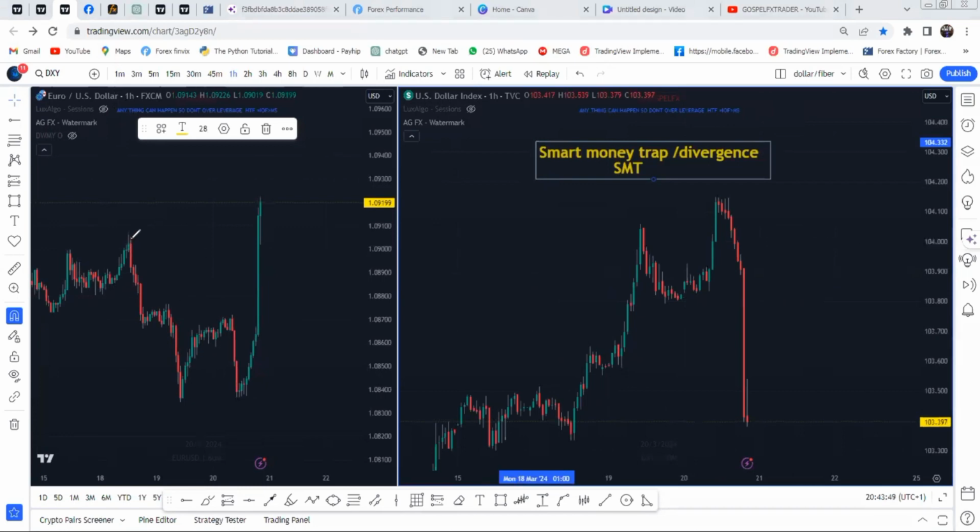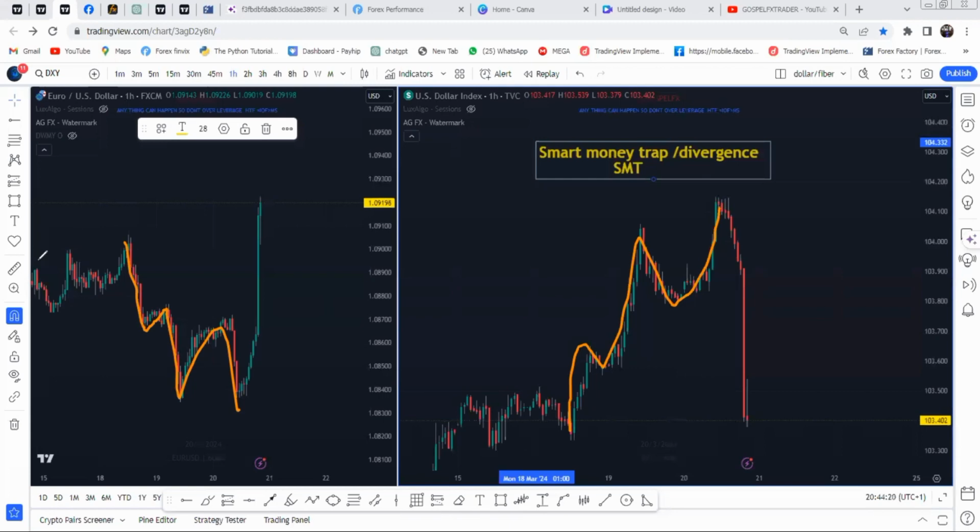Now from here, you notice that Euro USD was on a downtrend, and the dollar index too was on an uptrend.